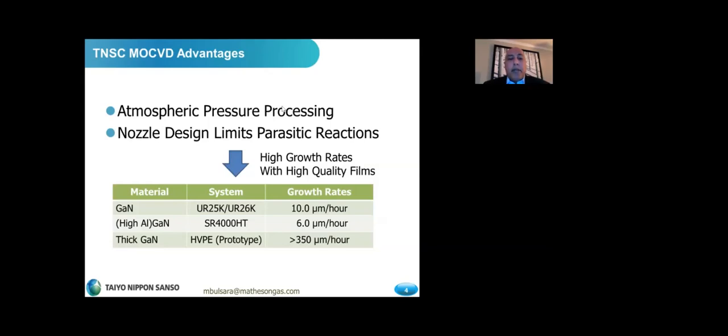TNSC has established high growth rate processes for gallium nitride on its UR25K and UR26K platforms, and high aluminum content AlGaN layers in its SR4000 HT platform. At a prototype phase, TNSC is developing a hydride VPE system for deposition of thick gallium nitride films with growth rates greater than 350 microns an hour.